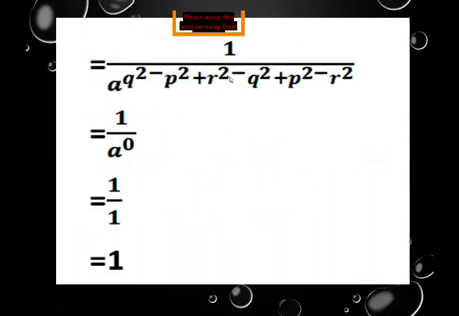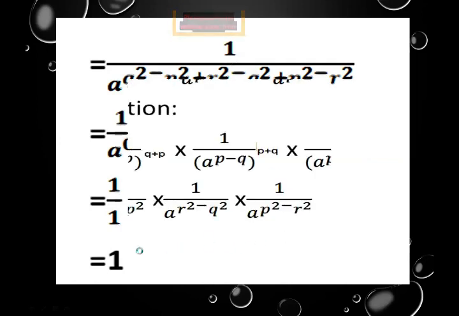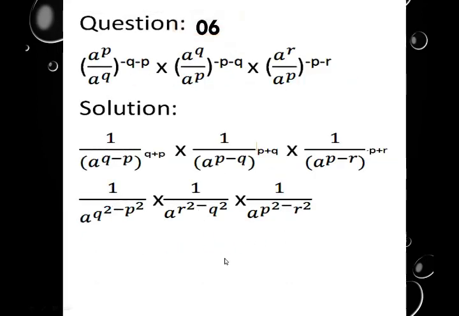In the next step, you can see because we have only 1 in the numerator in all three factors, so 1 multiplied by 1 multiplied by 1 will remain 1. And in the denominator, we have the same base with different exponents. So as per the law of exponents, whenever we have the same base, exponents will be added to each other.